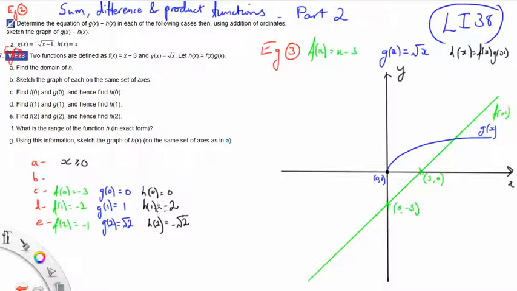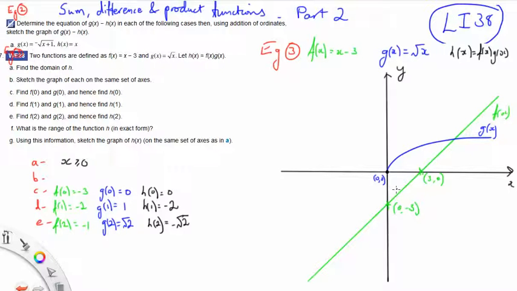Now it's asked for the range of the function in exact form. Well, I'm going to sketch it first because I think the range comes after. I think the range is an afterthought of the sketch. They kind of inform each other. But anyway, let's have a look. So they've given us some points. We know h of 0 is 0, so we've got that there. h of 1 is negative 2, so that's about there.